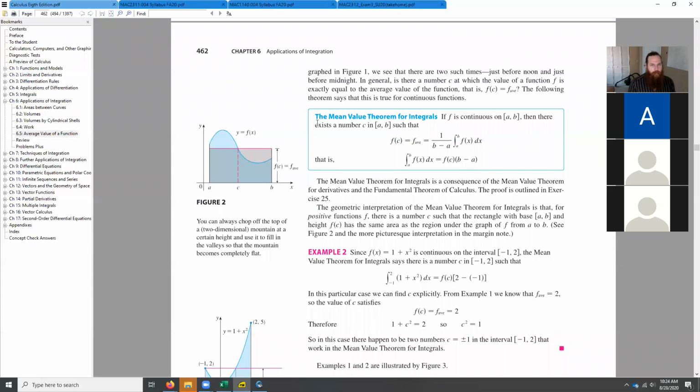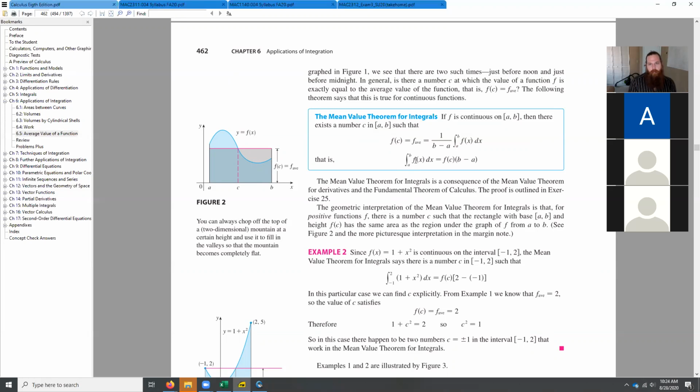And that's what this statement about the mean value theorem for integrals is really saying. If f is continuous on [a, b], then there is some number c such that the value of f at c is equal to the integral of f divided by the length of the interval over which you're integrating. If you compare this to the original mean value theorem that you learned back in chapter 2, back in Calc 1, it's just the same thing written in terms of derivatives.